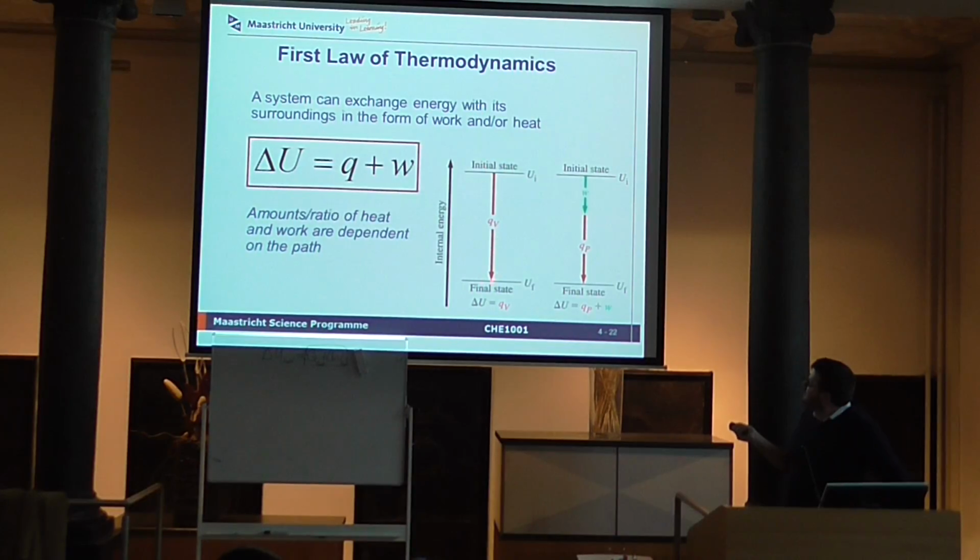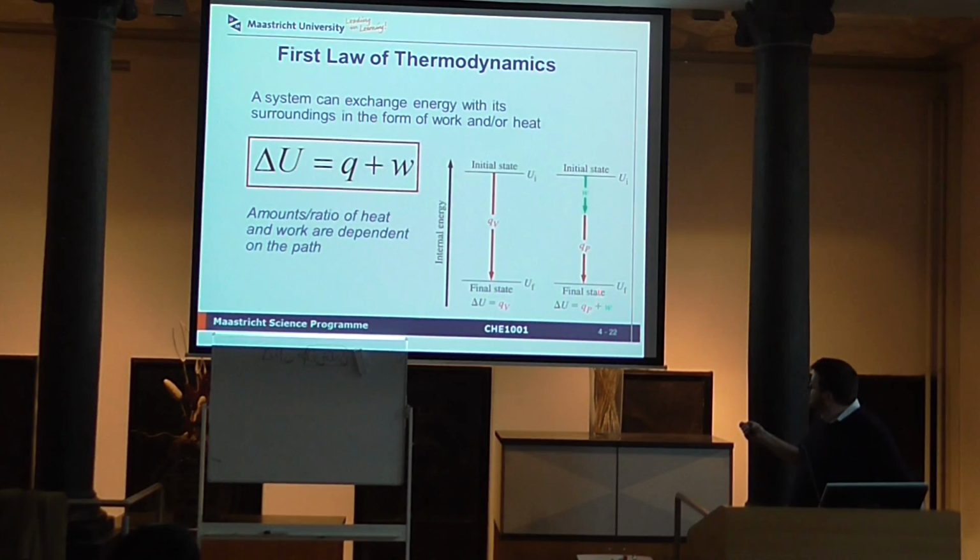You can actually do it by just pumping in heat, or doing a bit of work and adding heat. This is what I really want to explain here. This is the change in the internal energy represented here, initial, final. In this case, the change in the internal energy is just equal to QV, which is being added to the system.